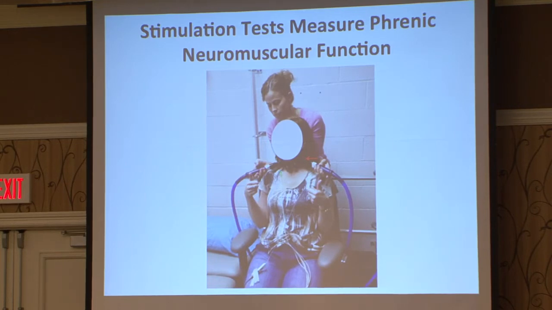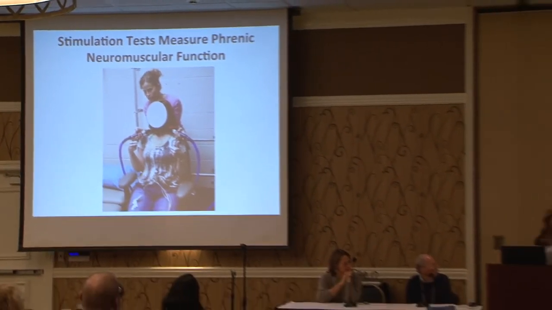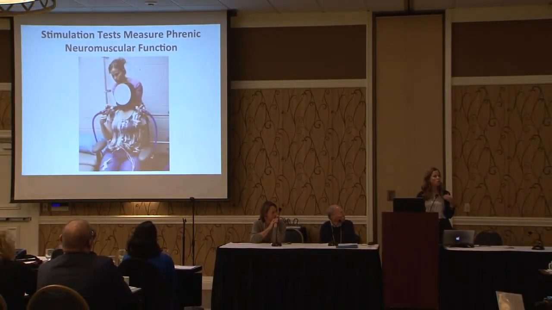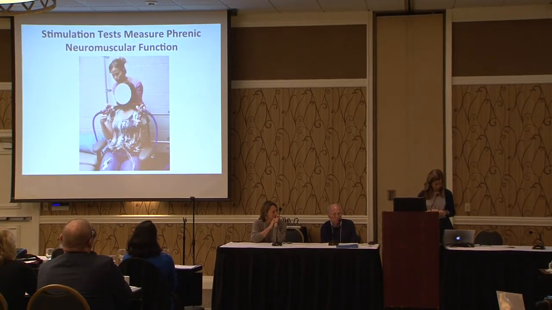But those 2 pressure sensors, one lands in the esophagus, the other lands in the belly, and they measure pressure above and below the diaphragm. So unlike a maximal inspiratory pressure test where we take that big breath and we get this one reading, we can measure what the diaphragm specifically is doing.